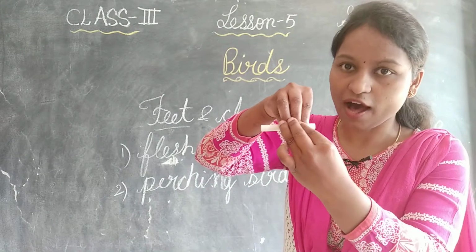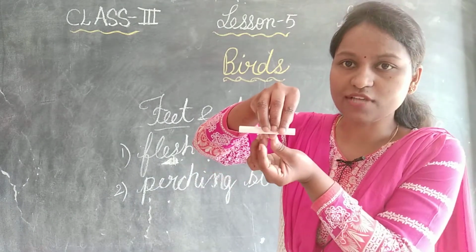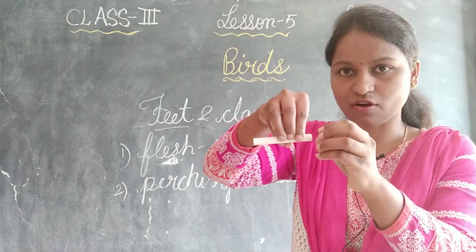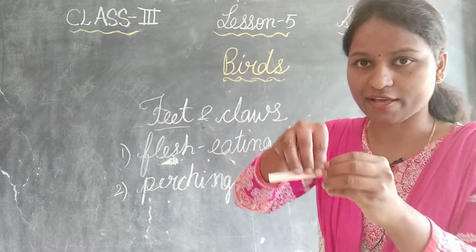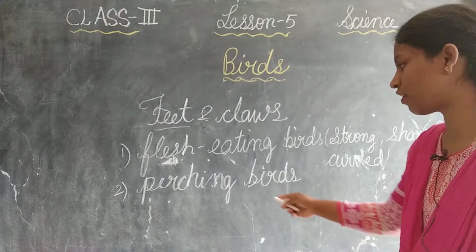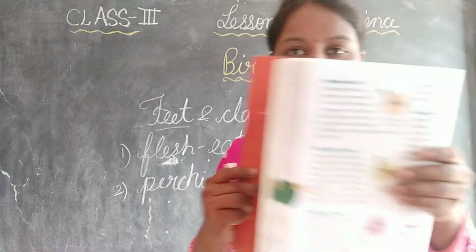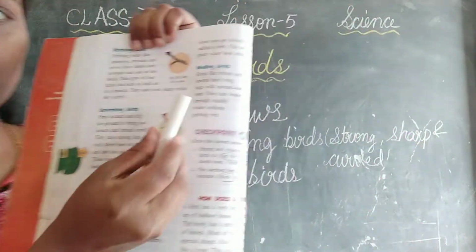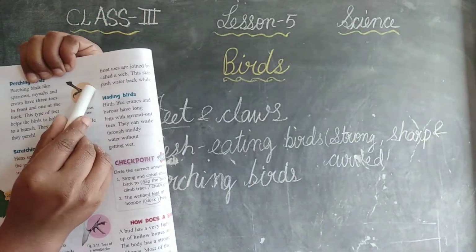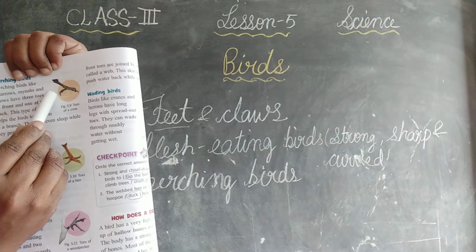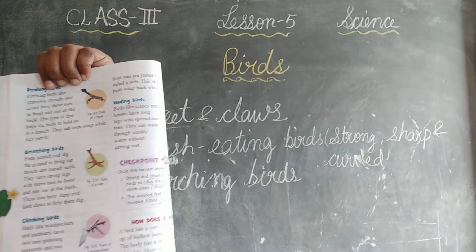This is called perching, how birds sit on a tree or branch. Those are called perching birds. In your textbook they have written the toes of a crow. See, these three toes are in the front and these two are at the back, so that they can sit on the branch.